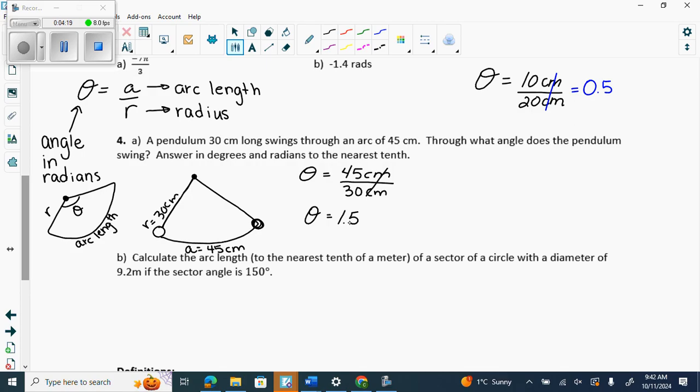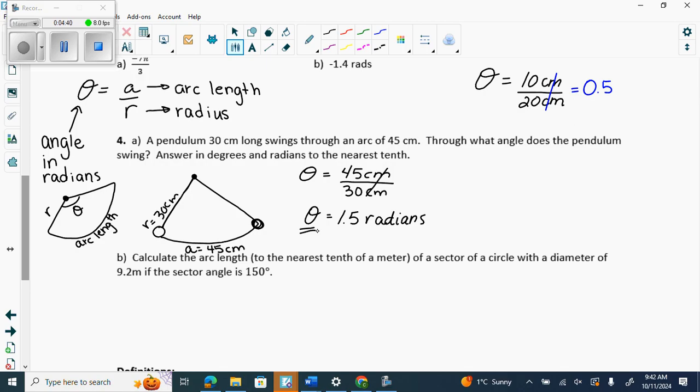Radians. You can put nothing. You could leave it as 1.5. But it's not as obvious to people that it's radians unless you put rads or radians. So it might help you out if you put radians behind the 1.5. Because remember, if it's theta equals something, that has to be in radians or degrees, those are the options, because that's an angle, correct?